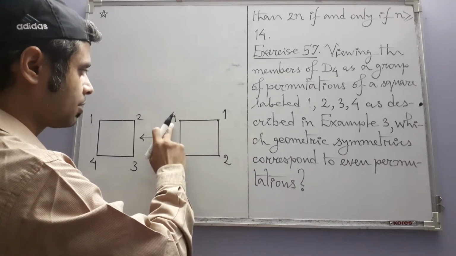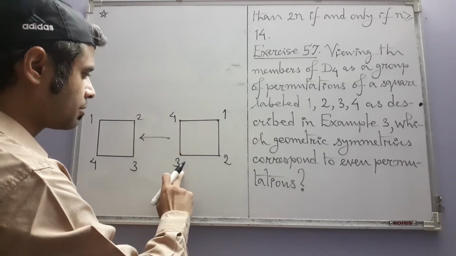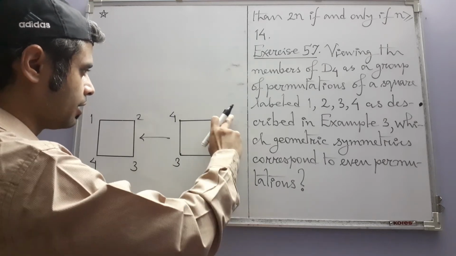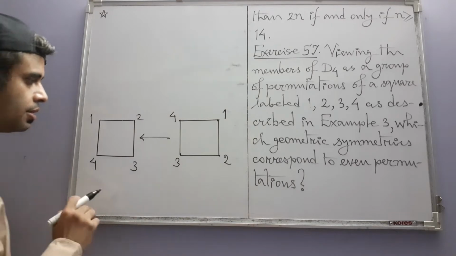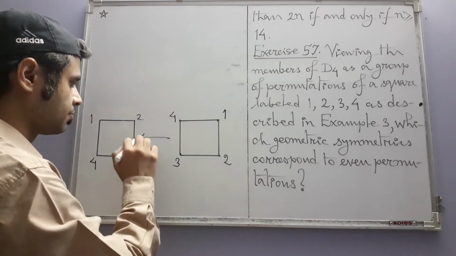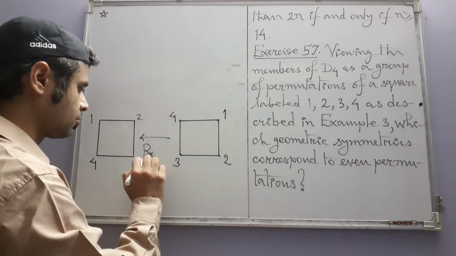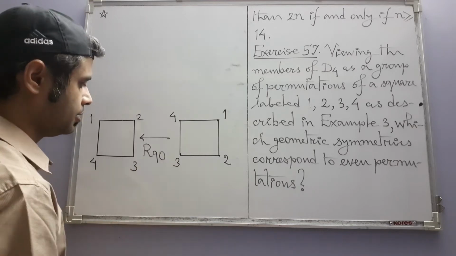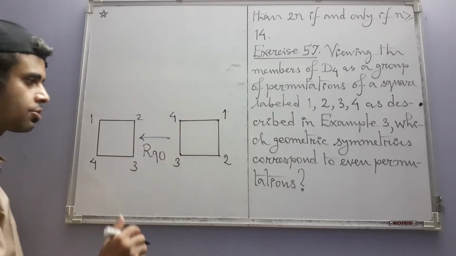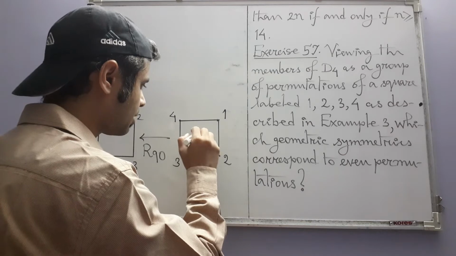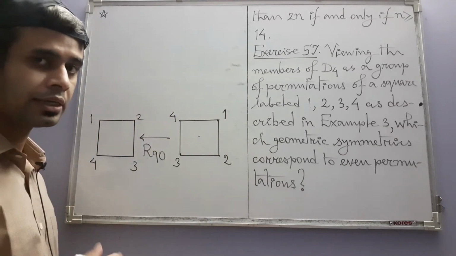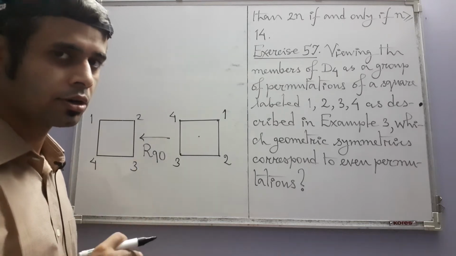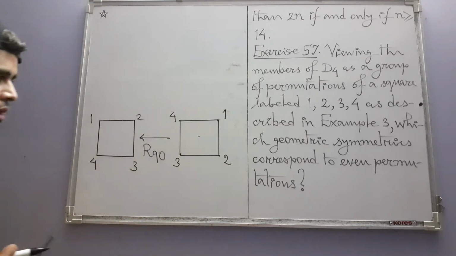I mean 1 now comes here, 4 comes here, 3 goes there, and 2 takes the place of 1. That means this is R90, rotating the square about its central point by an angle of 90 degrees in the counterclockwise direction.